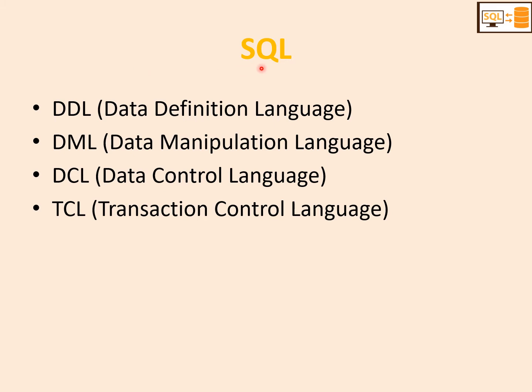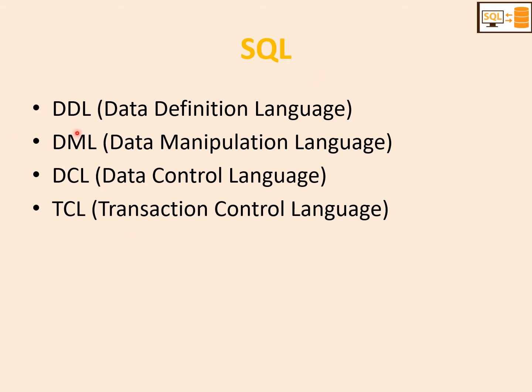Now we can see SQL. SQL stands for Structured Query Language. In the database management system, all the things should be handled in the form of statements, and for handling data we need a language called Structured Query Language. In Structured Query Language of DBMS, we have different types of languages for manipulating the databases, mainly four types.